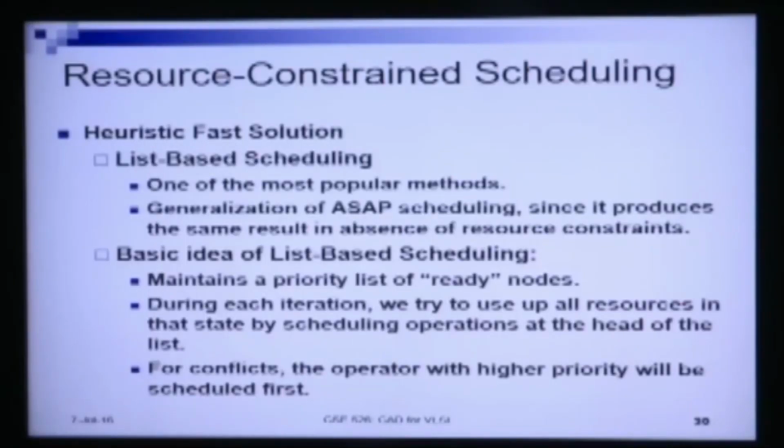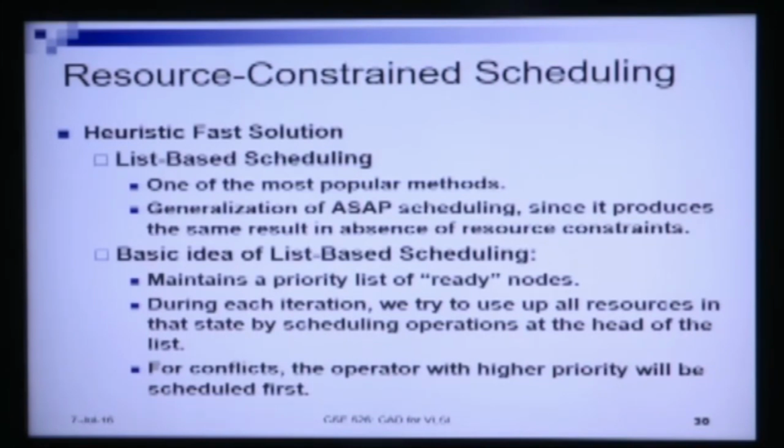And therefore, list based scheduling is one of the most popular scheduling methods that we have, and we can consider this list based scheduling strategy as a generalization of the ASAP scheduling strategy, since it produces the same result as the ASAP scheduling strategy in the absence of resource constraints. However, if you do have resource constraints, it will not be the same obviously.